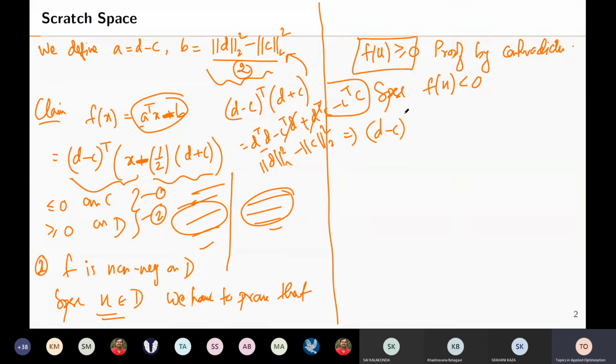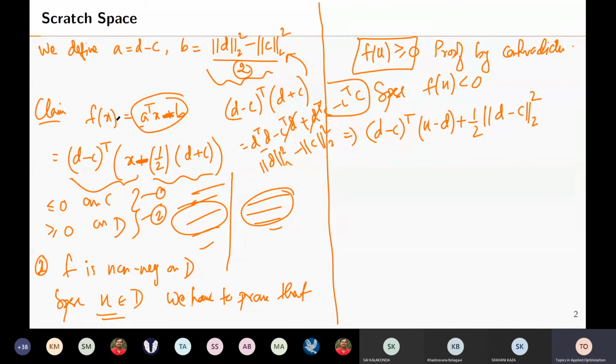So (D minus C) transpose (u minus D), and then plus half of norm of D minus C squared. Okay, so you can see this.